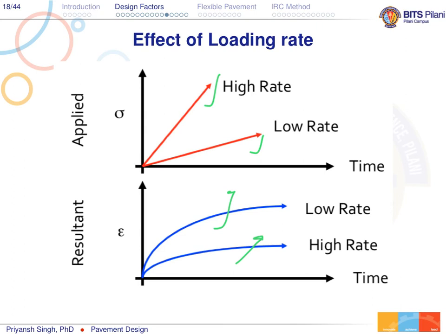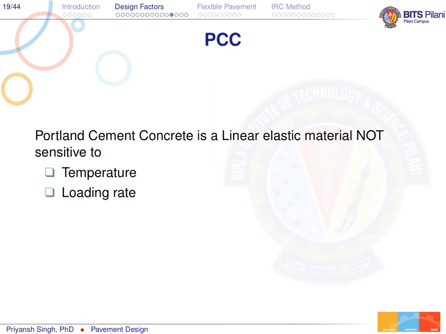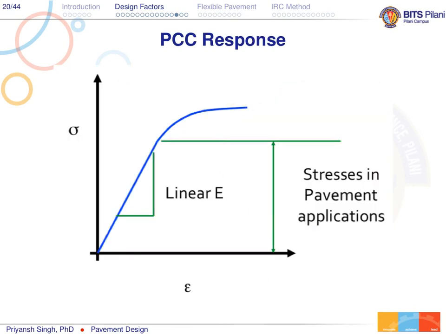In case of PCC, or Portland cement concrete, it's assumed to be linear elastic, and it will be insensitive to temperature and rate of loading. So the response of your Portland cement concrete will be similar to the response of a linear elastic material.